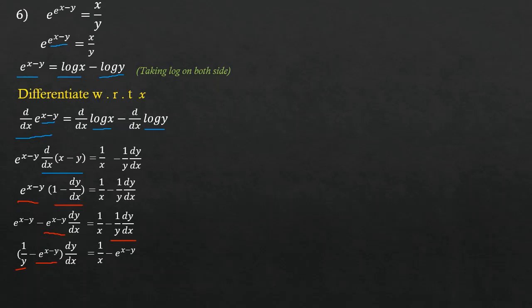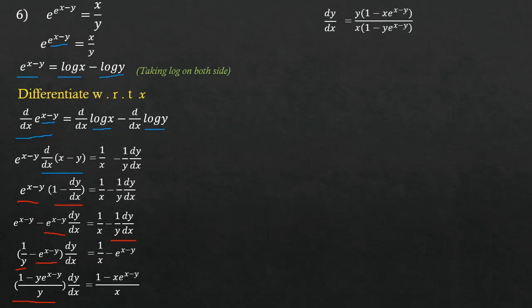Now we do cross multiplication first, so it becomes 1 minus y e raised to x minus y divided by y, whole multiplied by dy by dx, is equal to 1 minus x into e raised to x minus y divided by x. Next step, we'll shift this term which is present with dy by dx, so we get the answer as dy by dx is equal to... If you check, whenever you shift, the term which is in the numerator comes in the denominator and the term in the denominator comes in the numerator.